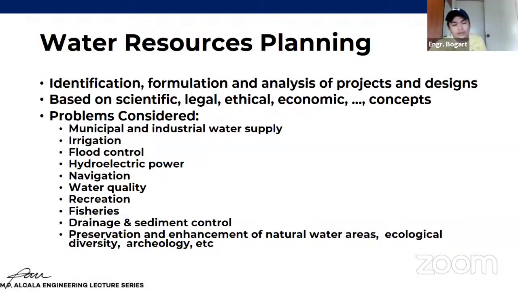No? Flood control, hydroelectric power, water resources for navigation, water quality, part of environmental engineering, fisheries recreation, drainage sediment control for sediment transport and analysis, and preservation of water areas for the future and next generation.